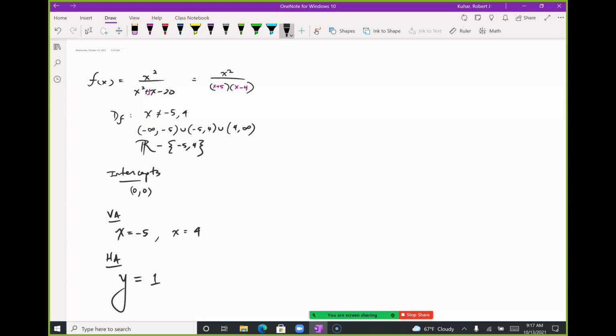Y equals 0? Nope, 1. Yep. So f of x is approximately equal to x squared over x squared plus x minus 20, which would just be x squared over x squared, keeping the mother function of the numerator and denominator, as x goes to plus or minus infinity.